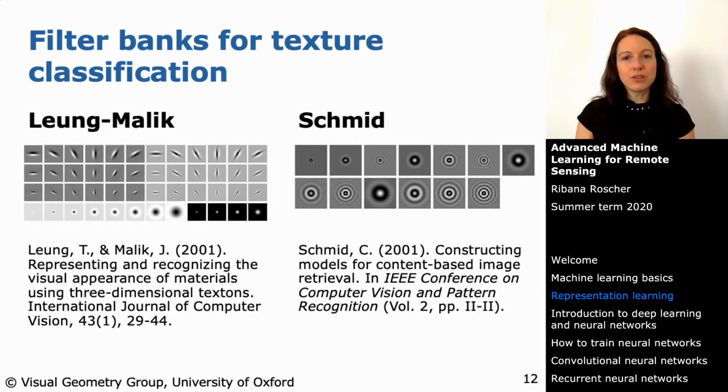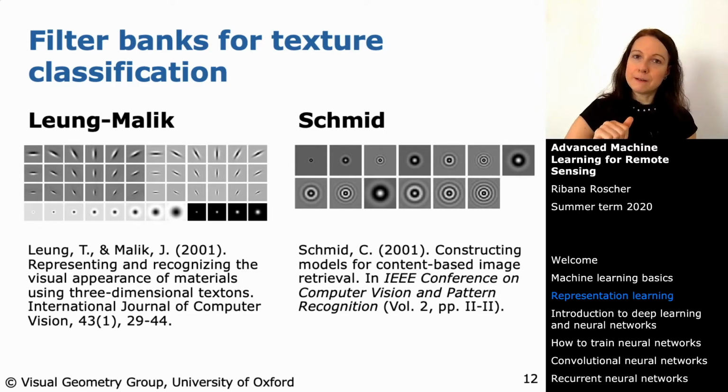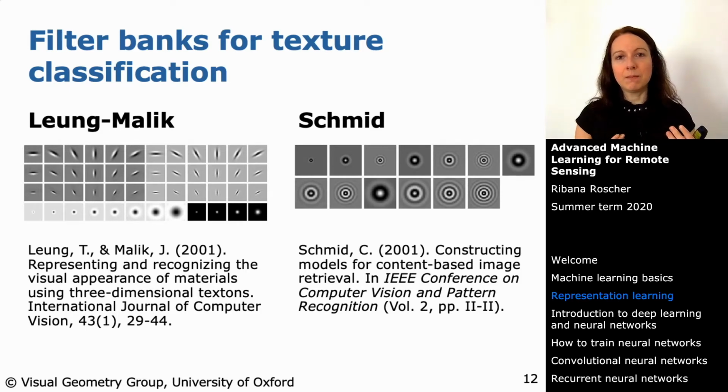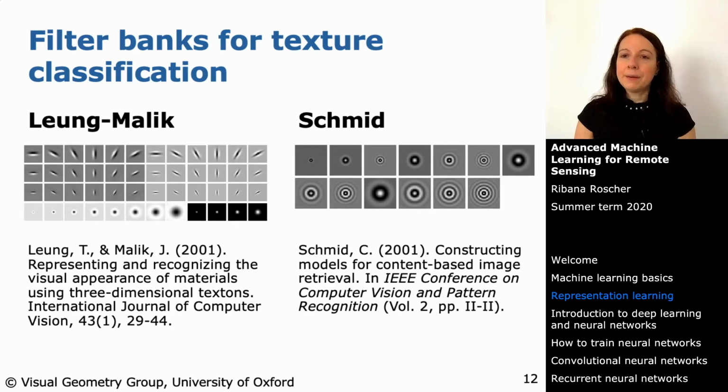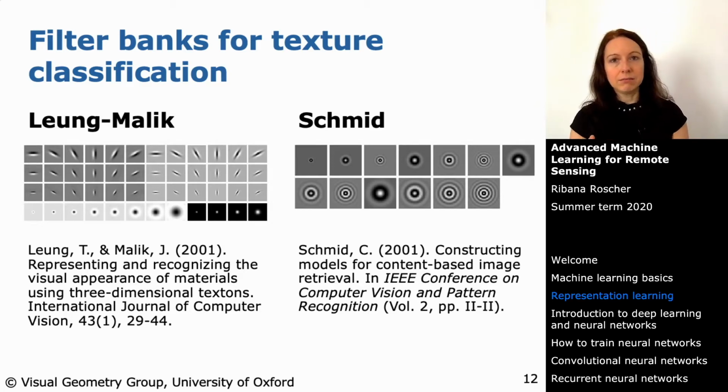And these convolutional filters contain values that you end up with some edge detection, but also a combination of Gaussian filters and edge detection filters.